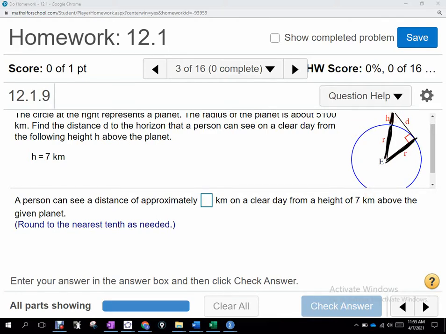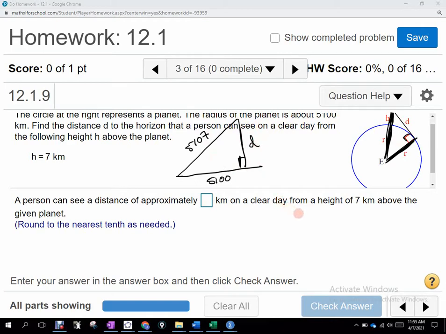This is 7. So this distance of R plus H, I'm going to say is 5,107. And then this distance D, coming down to make this right angle right here, would be there.